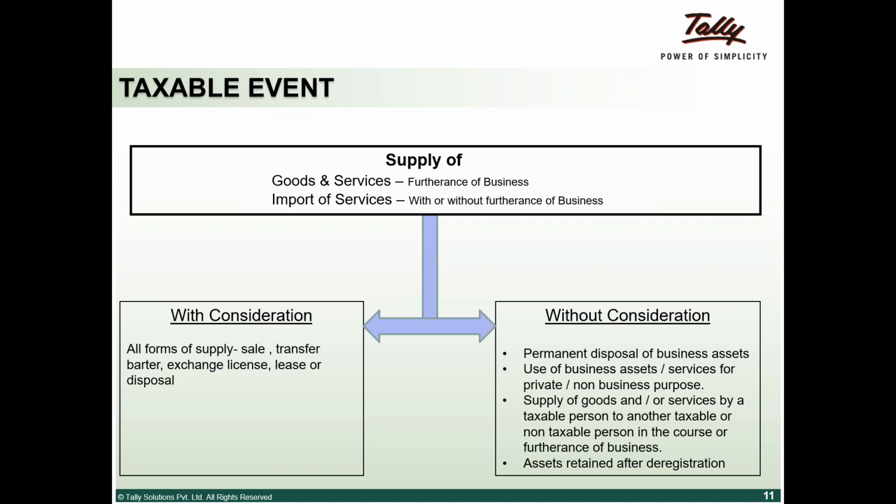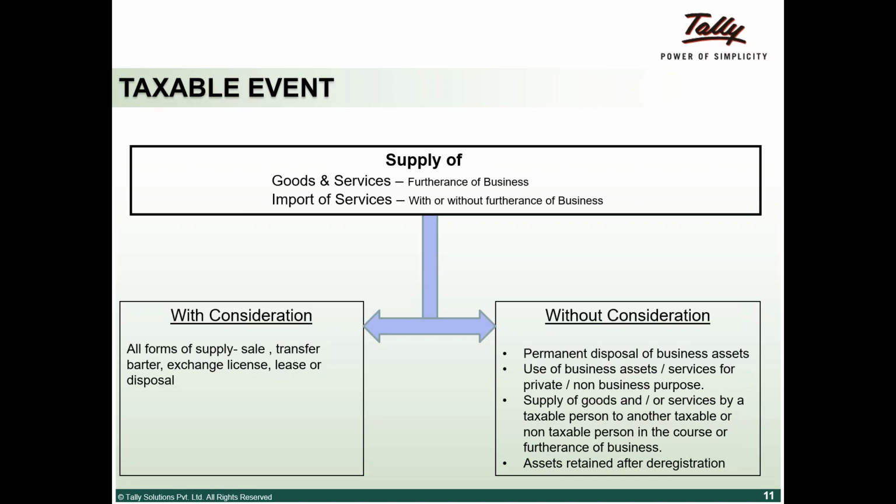Pharma company giving free samples. For example, pharma companies give free samples to doctors for furtherance of their business. That will become a taxable event. Clarity is still required on how we will deal with, say, one month free usage of internet. That also becomes a taxable event.